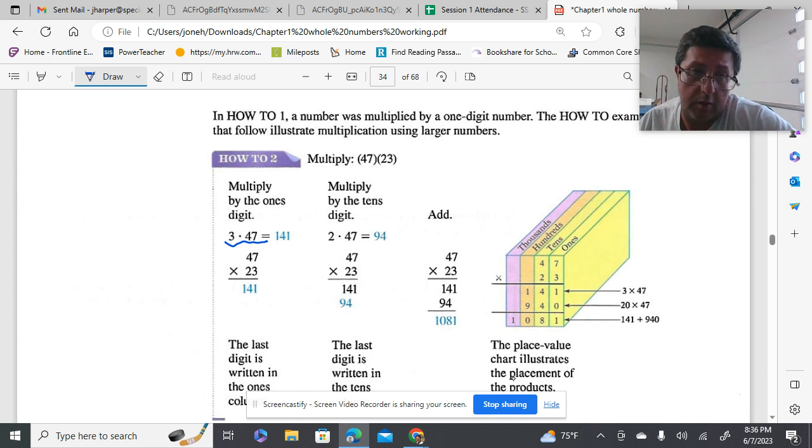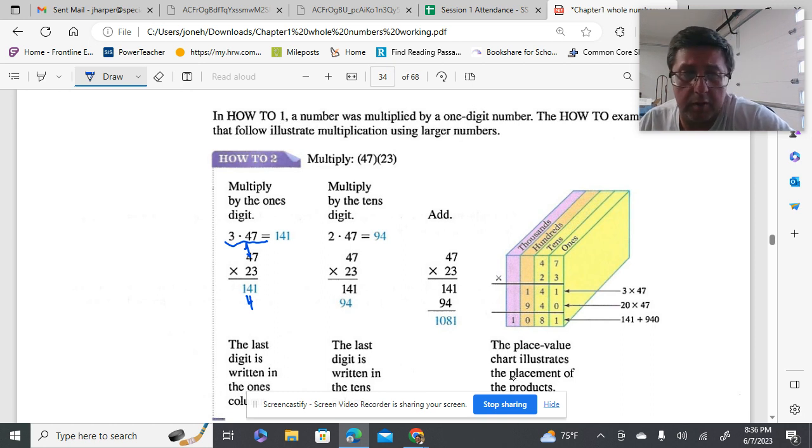So we go 2 times 7, which would be 14. So you'd put the 4 under the 2, and you'd carry the 1 up over this 4 because it's 14, and you can't put the 4 into the tens.